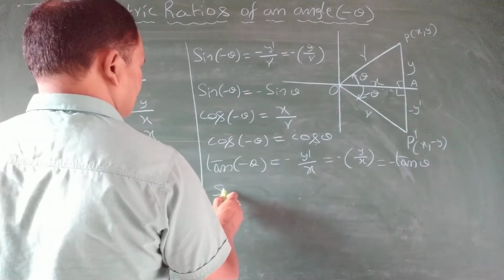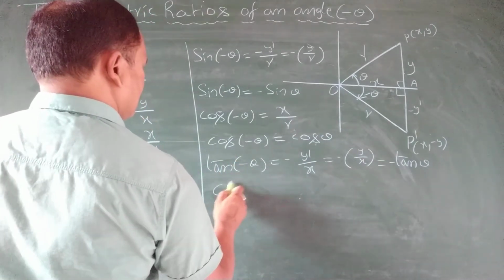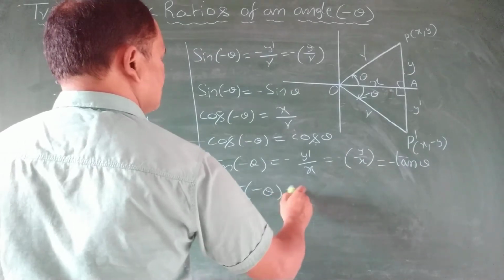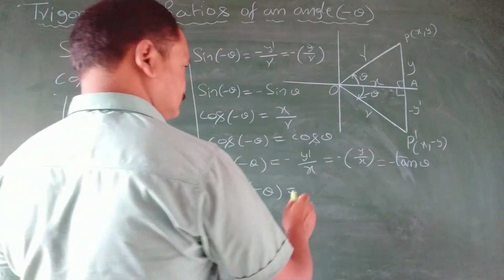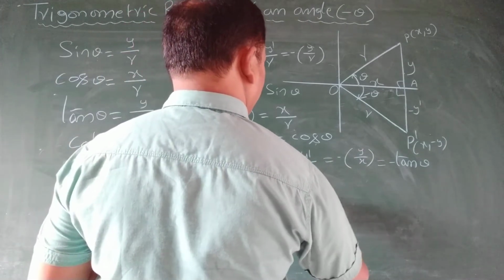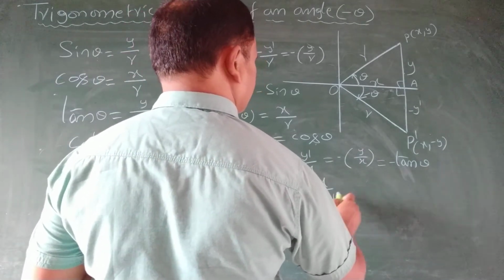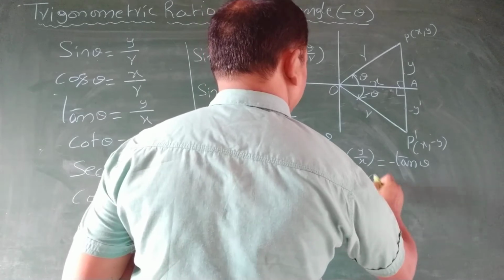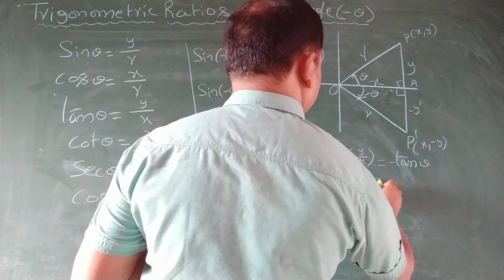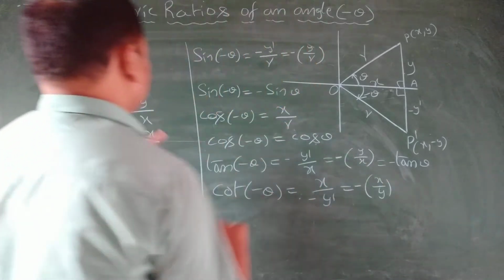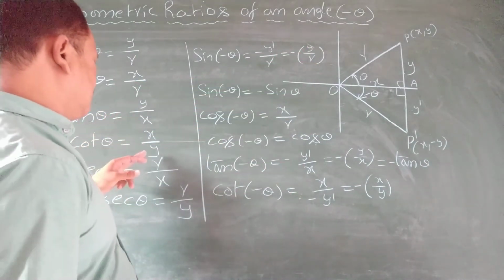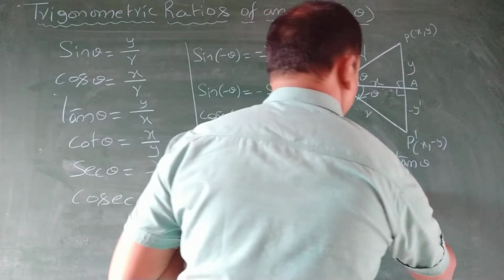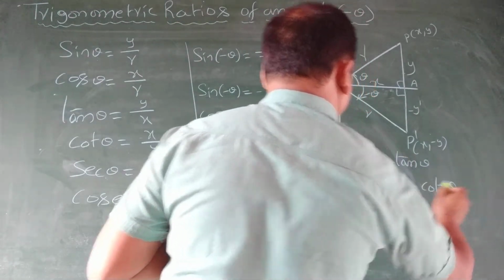Now cot minus theta, that is adjacent side x by minus y dash. Same here also, minus x by y, since they have the same lengths. X by y is cot theta, that's why it is minus cot theta.